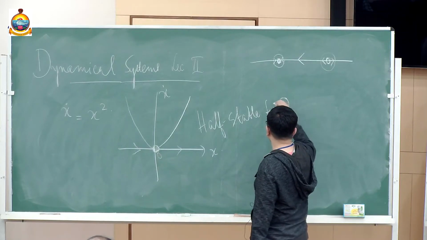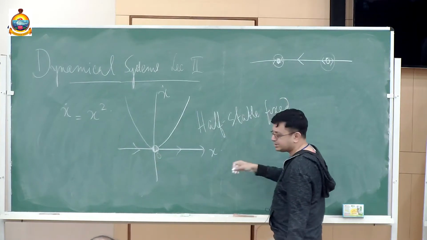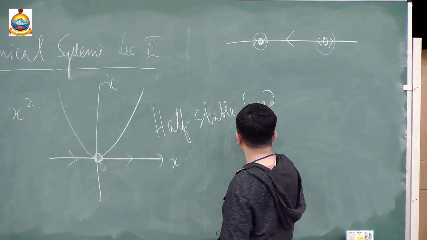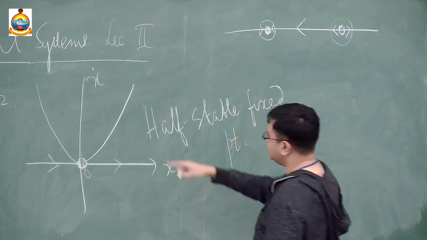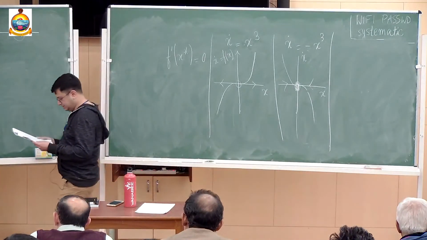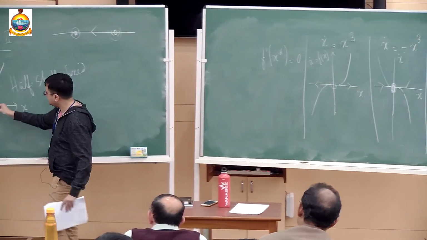It's neither stable nor unstable. Its stability depends on which direction you are approaching from. Similarly, if you draw x dot is equal to minus x square, you will also get a half stable fixed point, which is just the other way around.